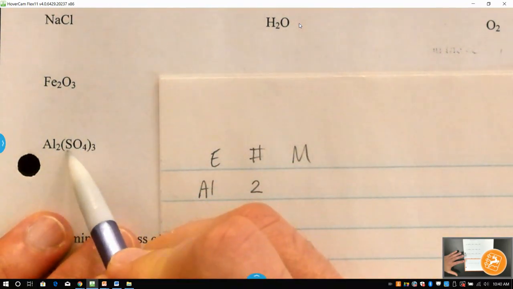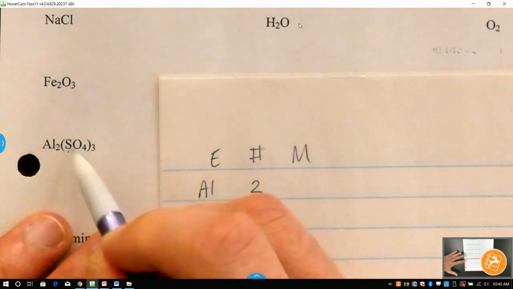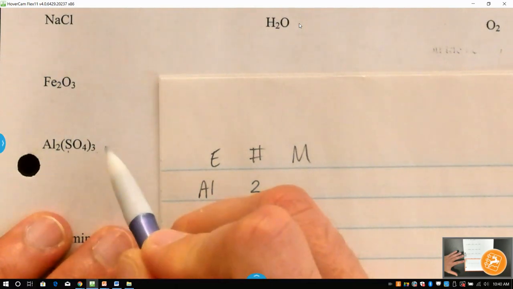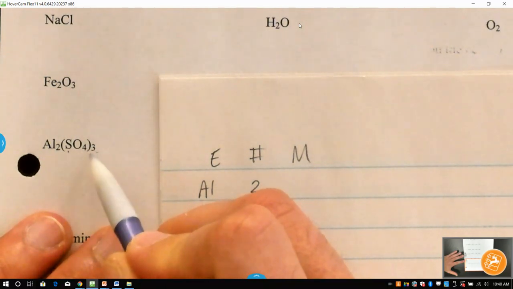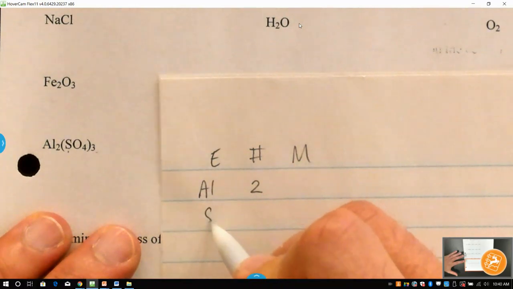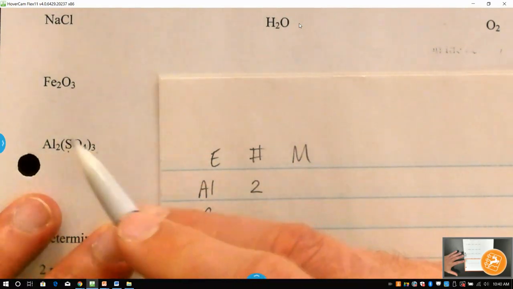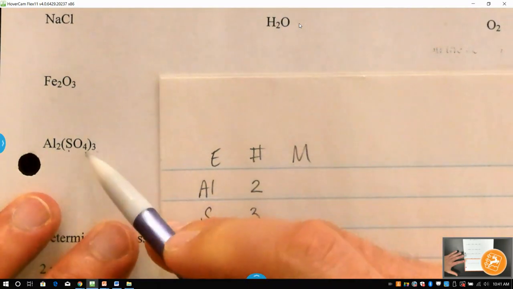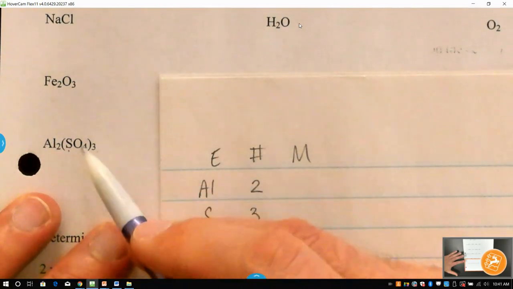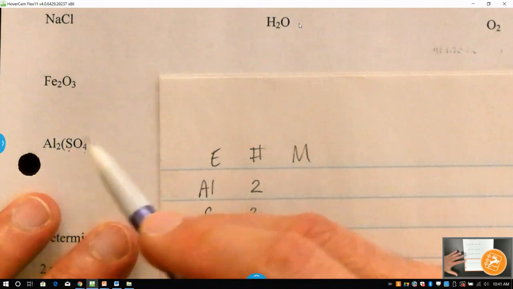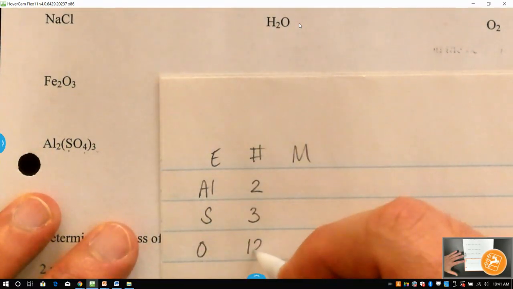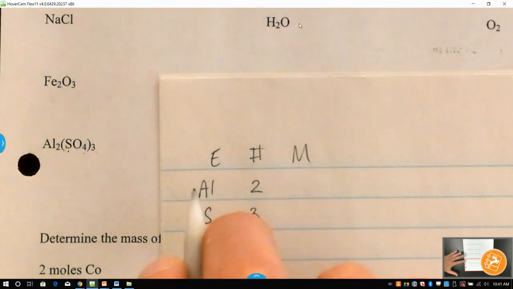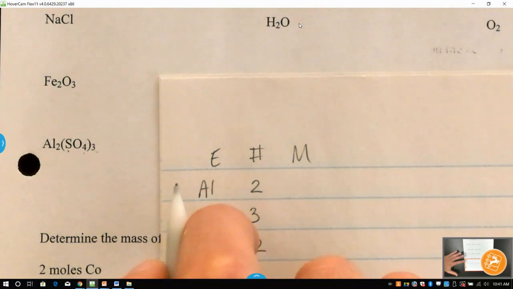Okay, next is S. Now, it's polyatomic ion, the SO4, and there's 3 of them, so the 3 distributes. So normally there would only be 1 S, but the parenthesis on the outside multiplies it. So 1 times 3 is going to give me 3. And then the oxygen, 4 inside, 3 outside. The 3 distributes, so it would be 3 times 4. There are 12.